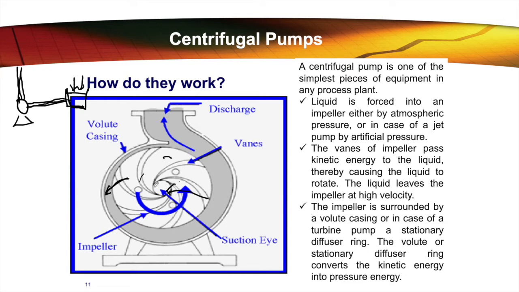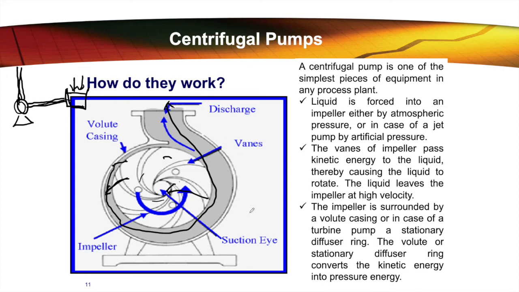From here the liquid will move axially to this pump, and as it rotates, the volute casing will convert the kinetic energy to pressure energy, and then it will move the fluid upward.